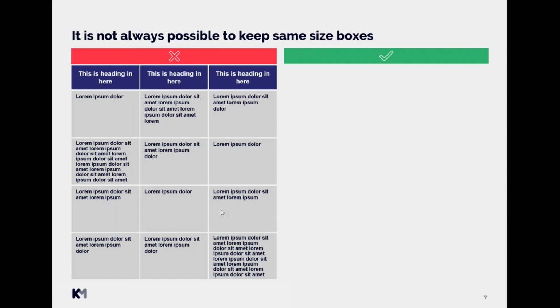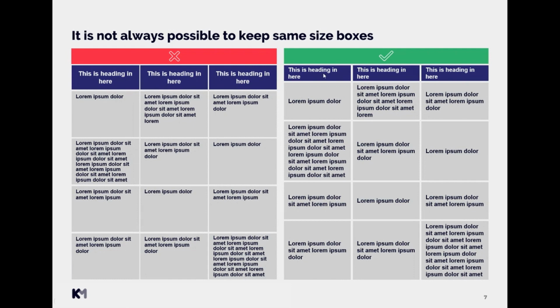So let's take a look at what we could do in this example. Here, as you can see, we decreased the space for the heading, and we keep somewhat the consistency in the table because all three columns have the same width, but they differ a bit more in height, so they are a bit more customized.